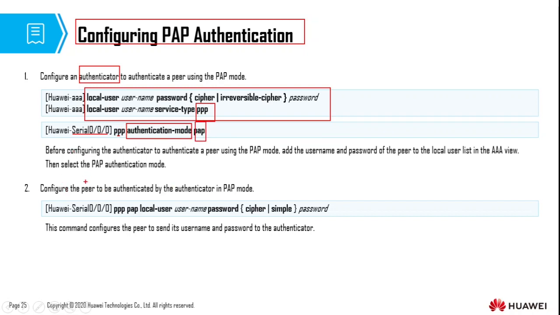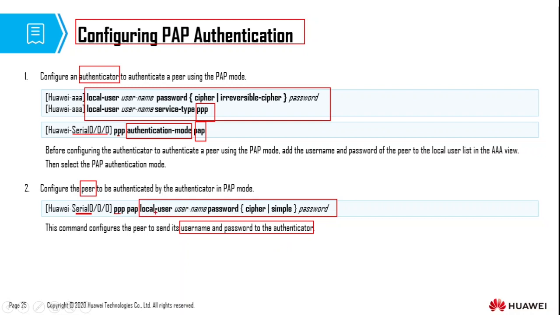After you've done that, you need to go to the peer, the authenticated. On the peer, you need to specify the username and password that it's going to send to the authenticator. So how do you specify them? You go to the serial interface that is connected to the authenticator, then you use the command ppp pap local-user, the username, password cipher, the password that you've configured.